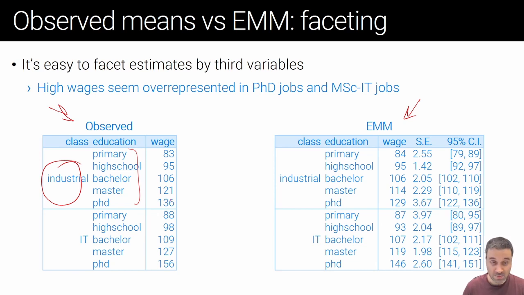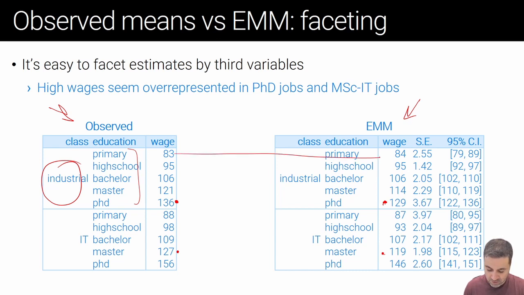So what this means is that the difference between the observed PhD industrial here and the estimated PhD level here is very large. And especially, for example, master and IT, the difference between 127 and 119. That's a very big difference. The others are not so different.